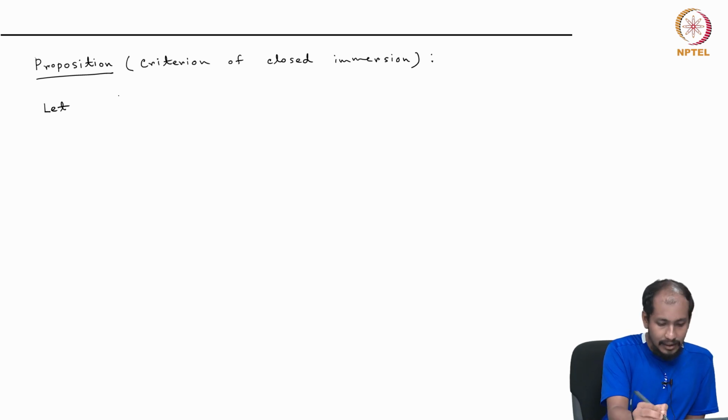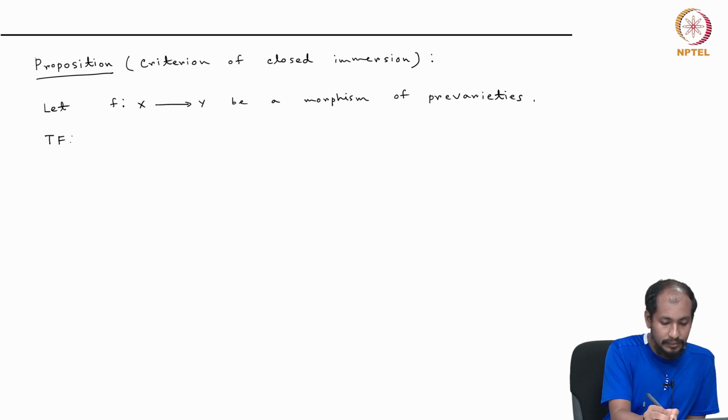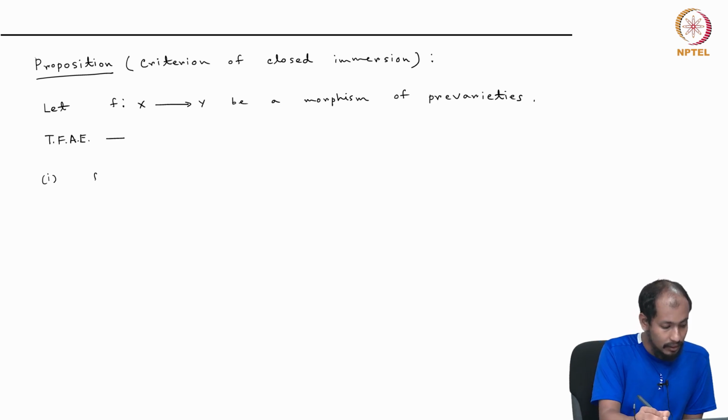Again, let f from X to Y be a morphism of pre-varieties, then the following are equivalent. Number one is f is a closed immersion.